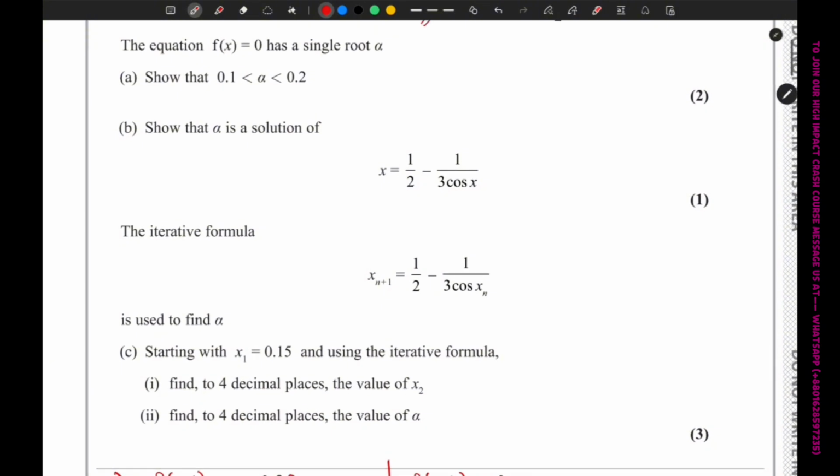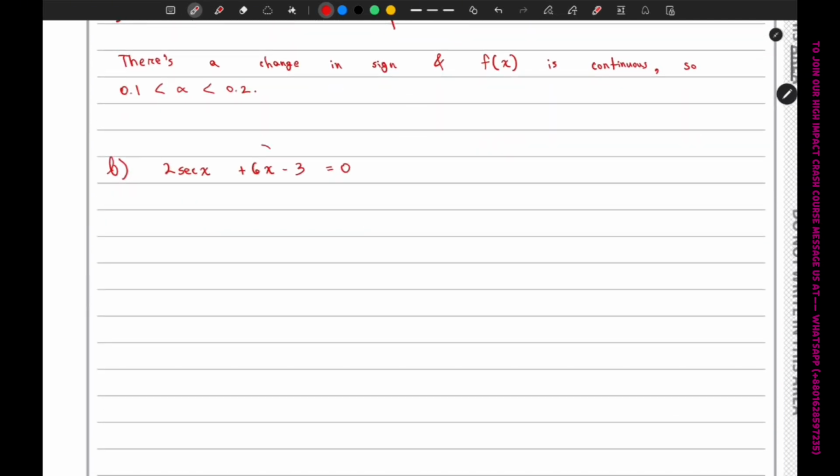Basically we need to make x the subject, not the x in cos x. We don't need to make cos x the subject. We need to make this variable x the subject.